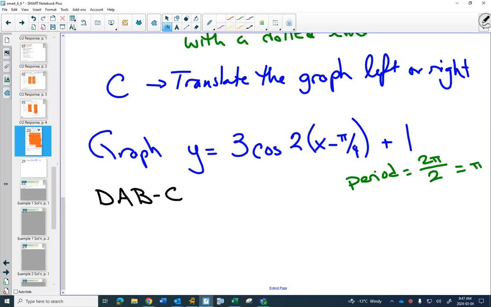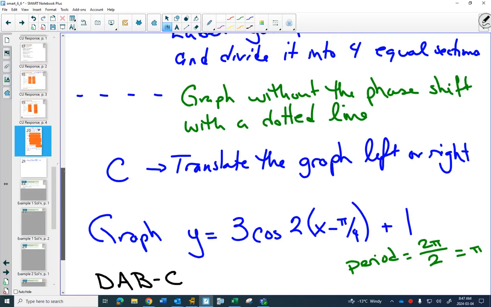You may go back up a bit. That's fine. Sorry. I'm going to show you slowly what it looks like to go through this in the right order. And each time we finish a letter in DAB-C, and even the dash, we will put a little check mark saying, this is all this means. Some of them are really quick, some of them are a little bit more involved.